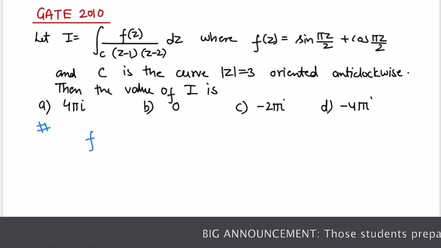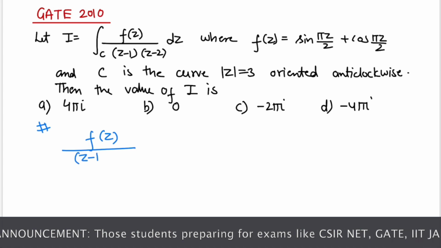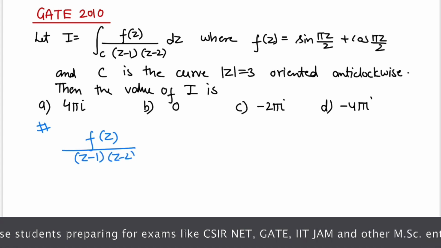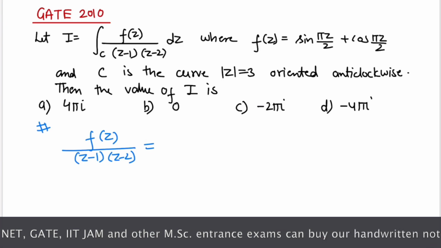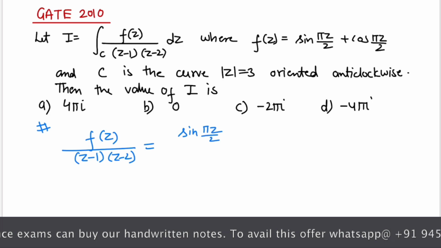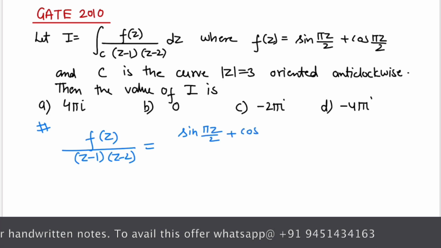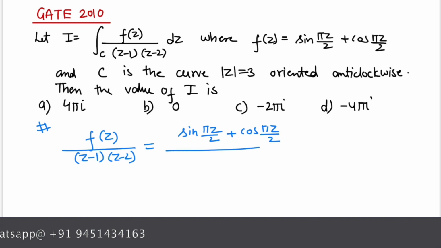Function is f of z over z minus 1 into z minus 2. Okay. And it is given that function f of z is sine pi z over 2 plus cos pi z over 2 and whole z minus 1 z minus 2.